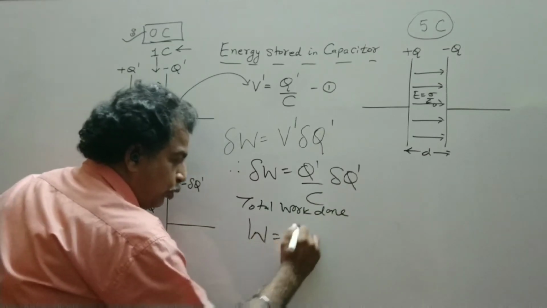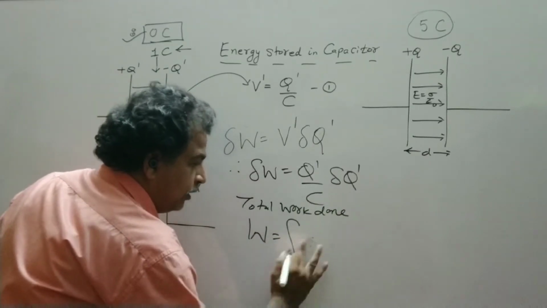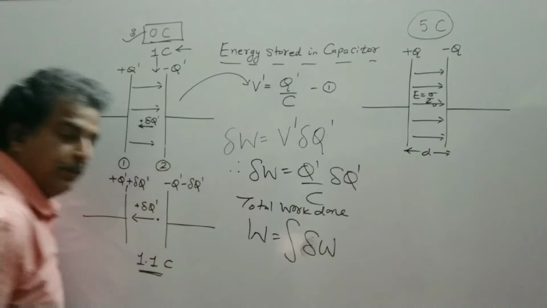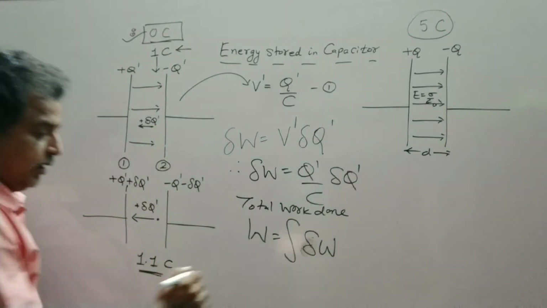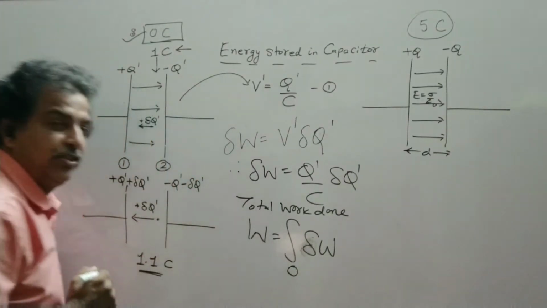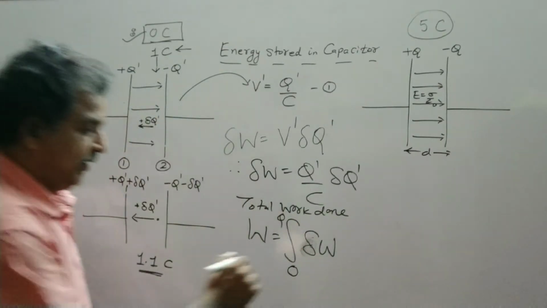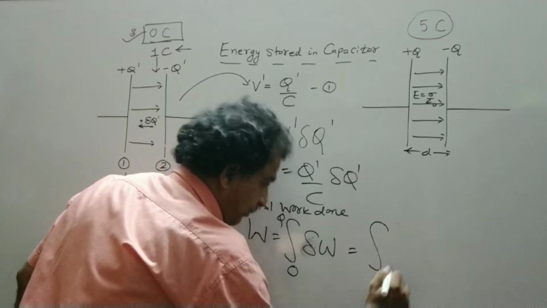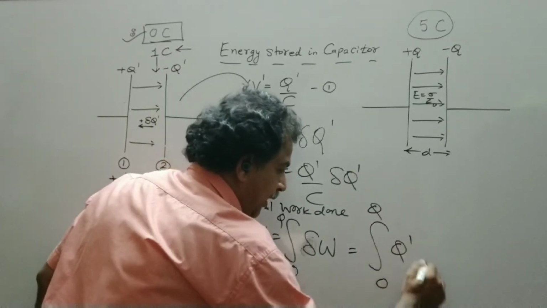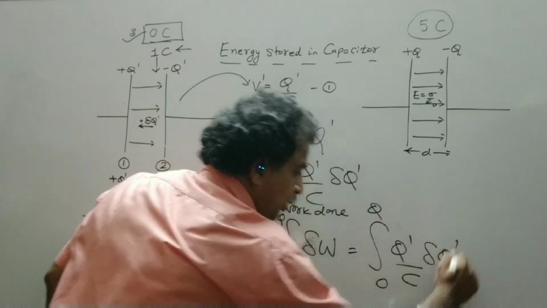W is equal to integration of delta W, and the limit becomes initial, that is uncharged, to the final capital Q, and this is equal to integration limit 0 to Q, Q dash by C delta Q dash.